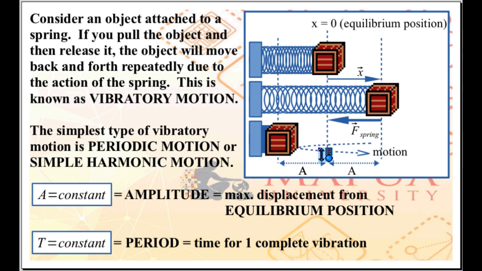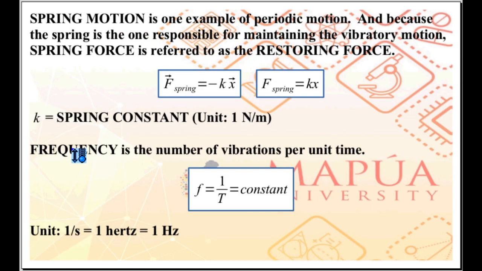If period is the time for one vibration, frequency is the number of vibrations per unit time. For instance, if in 1 second you counted 1, 2, 3, 4, 5 vibrations in 1 second, the frequency is 5 vibrations per second.